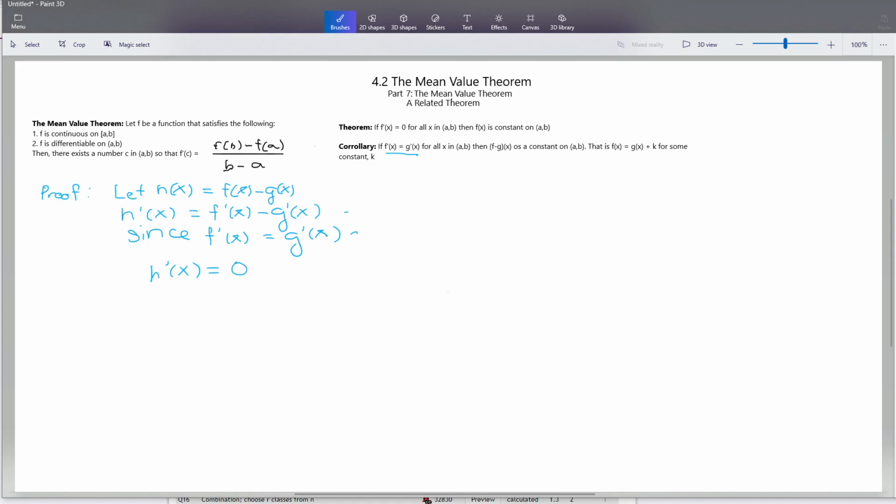Okay? We're going to specify that this is true on the interval ab. Okay, so we have that h prime of x is 0 on ab.